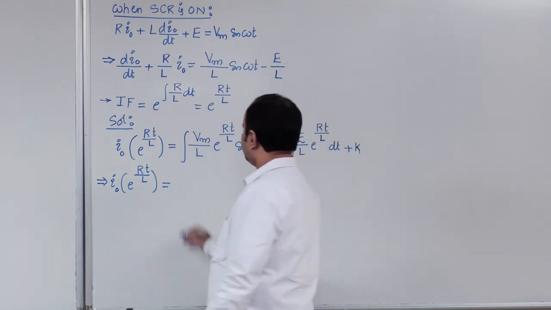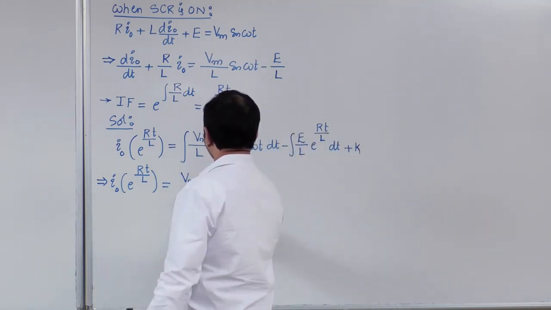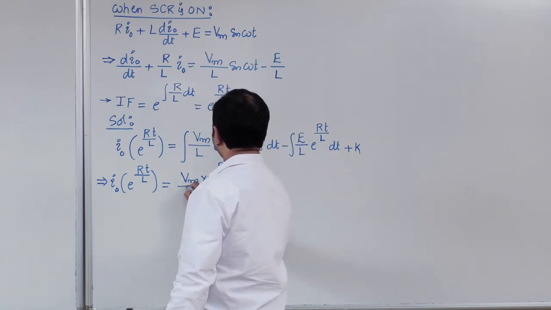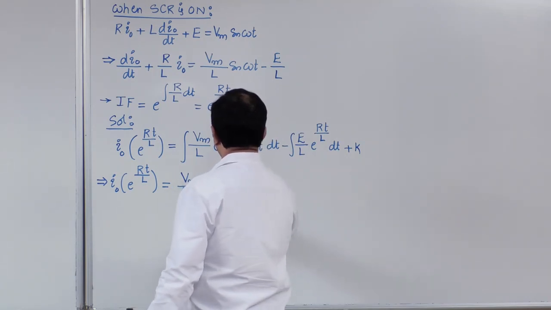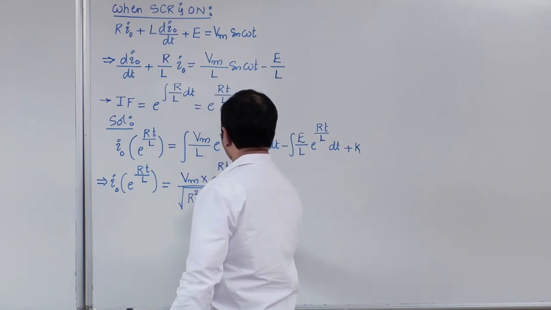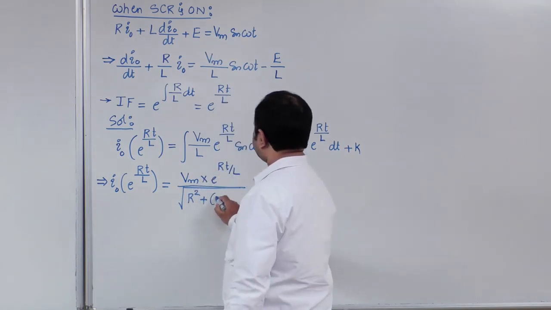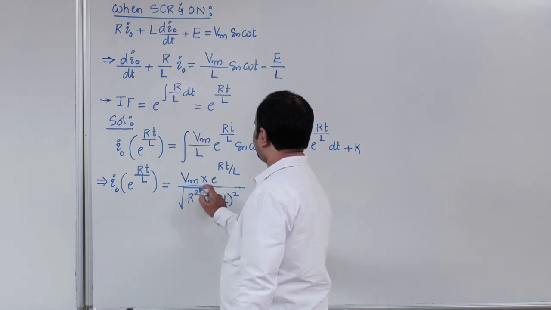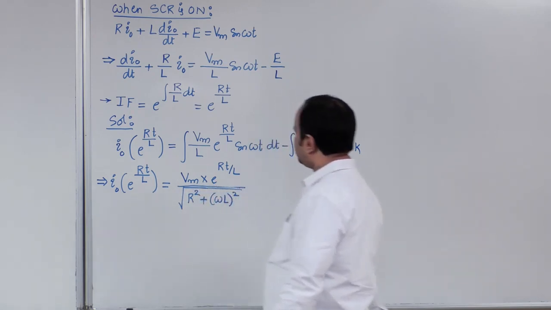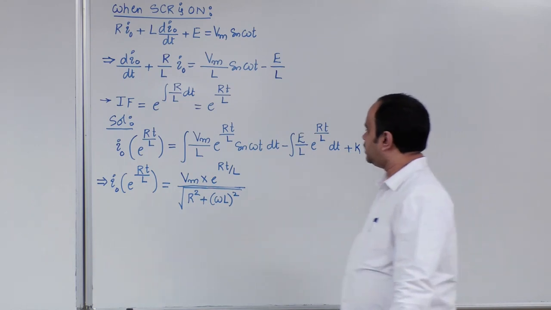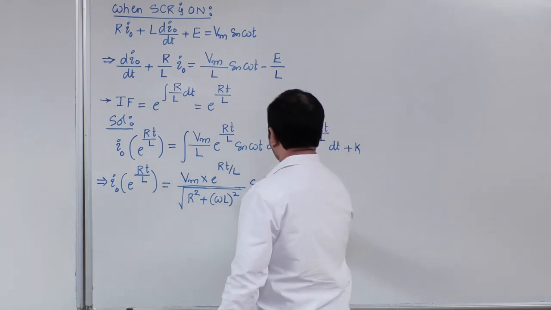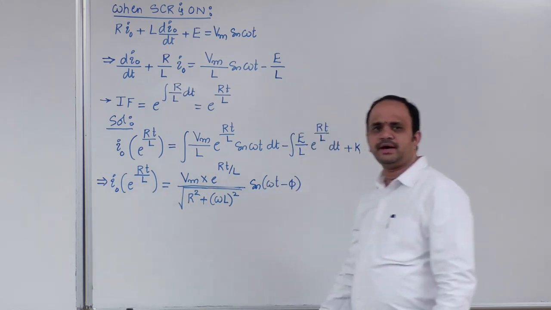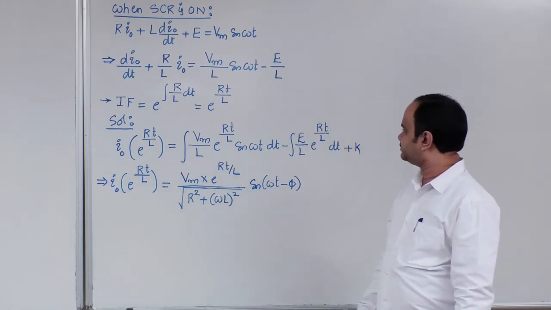What is that? Vm into e power rt by L, denominator square root of r square plus omega L whole square, multiplied with sin of omega t minus phi.